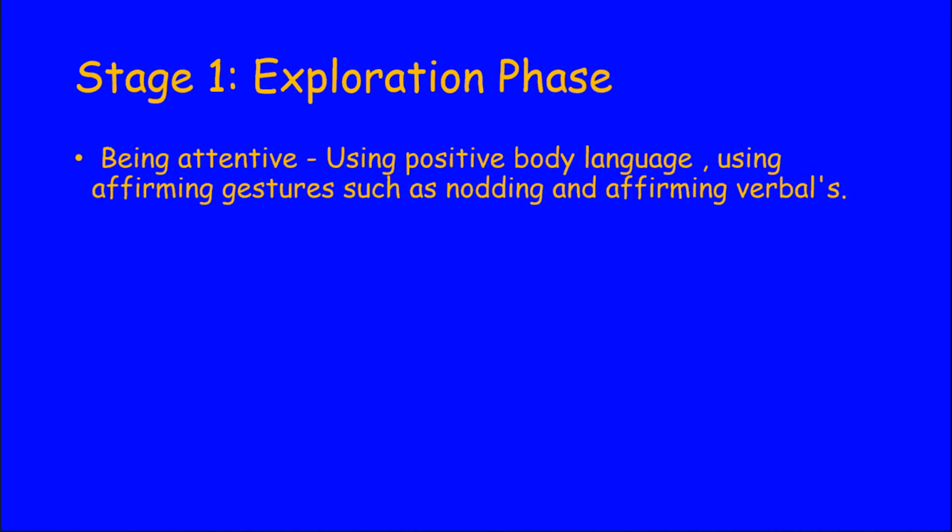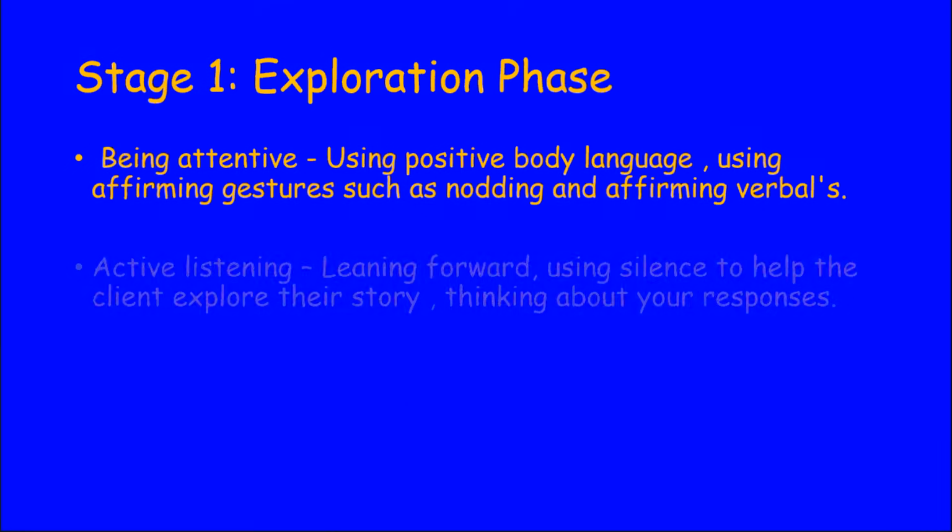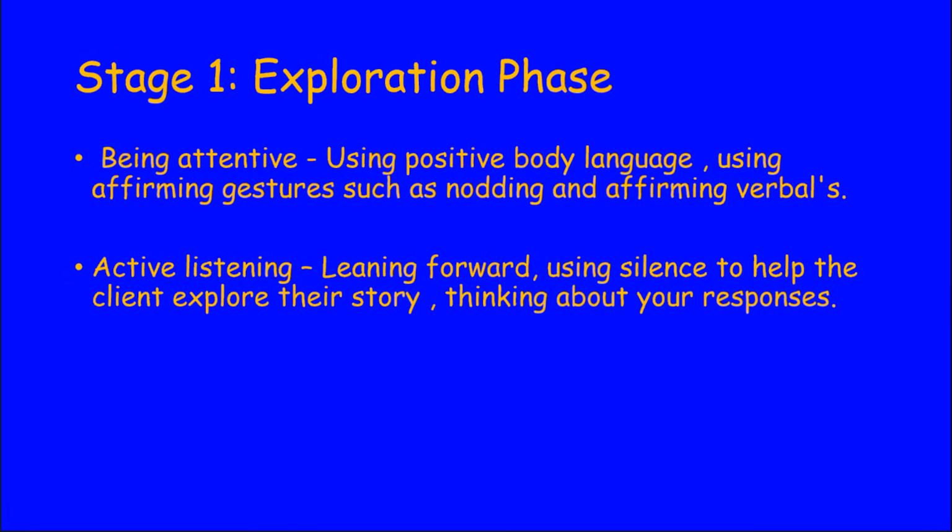So stage 1's the exploration phase, and that's being attentive, using positive body language, using affirming gestures such as nodding and affirming verbals. And affirming verbals are some things like aha, that type of thing, where you're clearly listening and clearly acknowledging the client's story. Active listening, leaning forward if appropriate, so you're really interested in what the client's saying and they can see that.